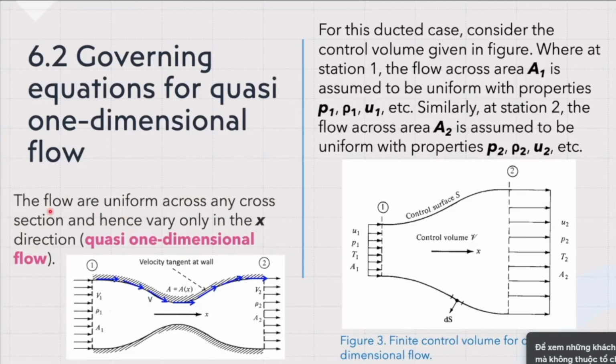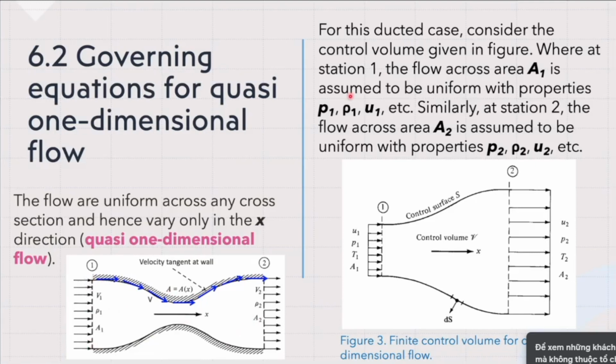Let us look here. The flow is uniform across any cross-section area and varies only in the x direction, quasi one-dimensional flow. So let's say we consider a case here where we have seen this before: a convergent-divergent nozzle over here, like a duct.